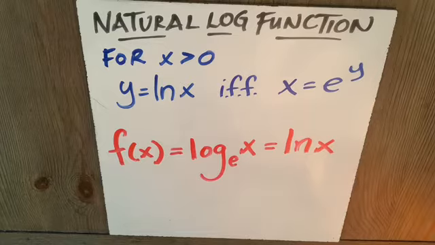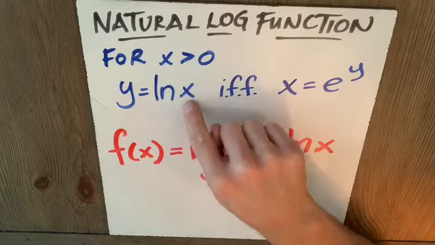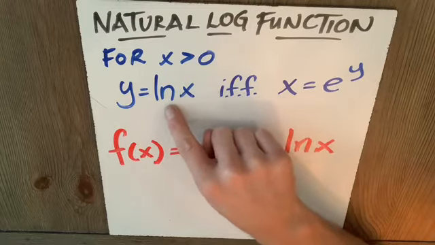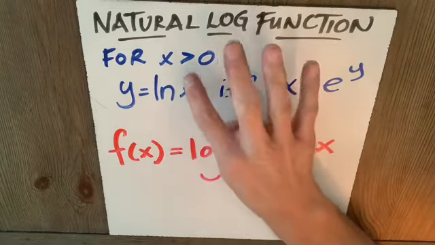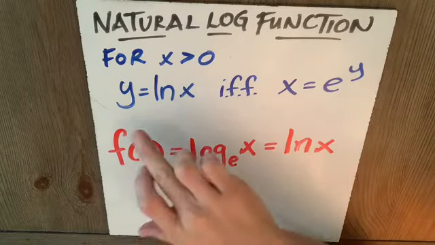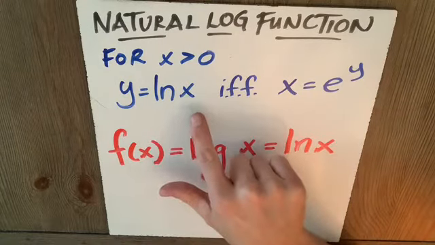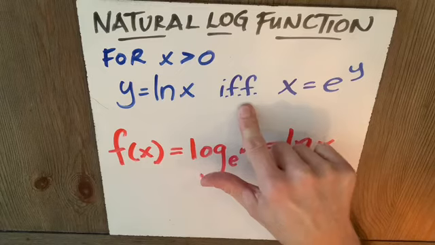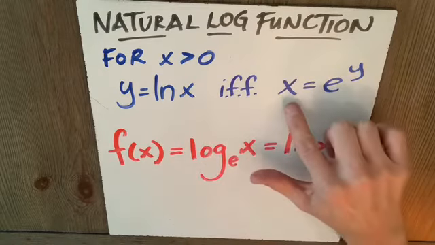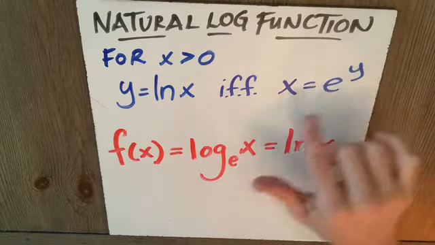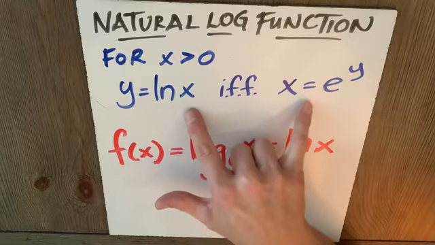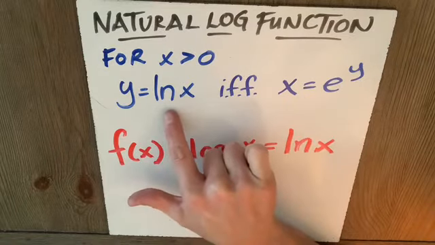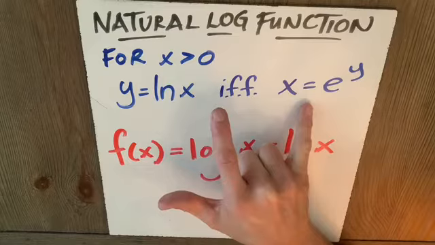Now, I've said this many, many times. If x is the argument of the log, it has to be greater than 0. We have restrictions. y equals natural log x is true if and only if, that's what this IFF means, x is equal to e to the y. In other words, these are equivalent statements. We can write this expression as the log statement or the exponential.